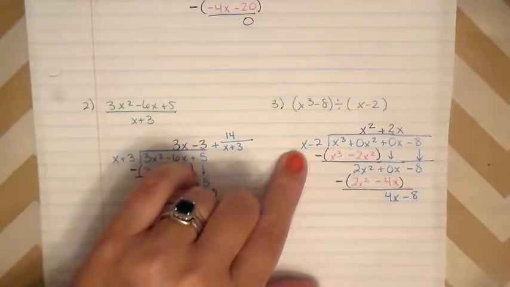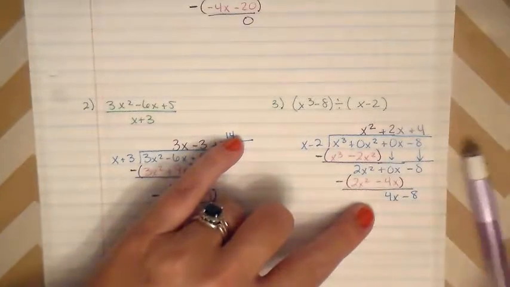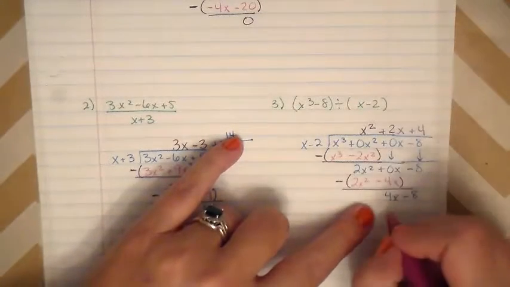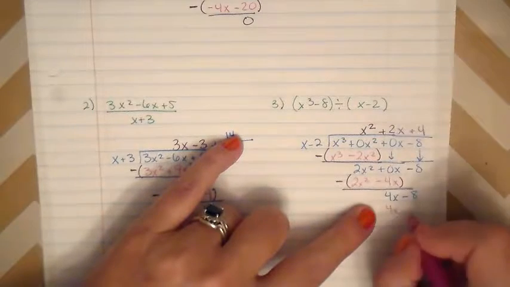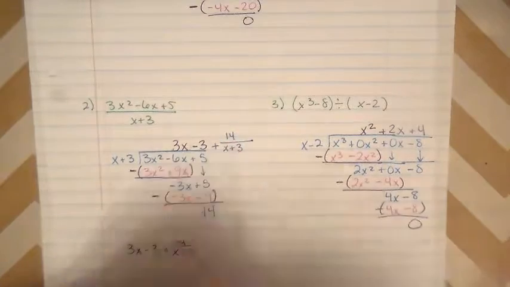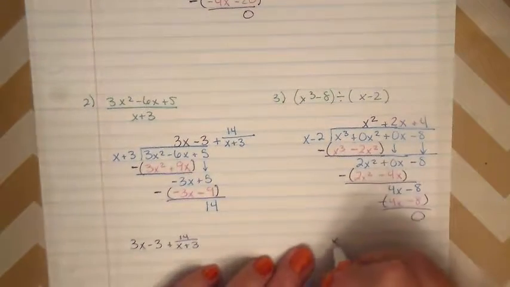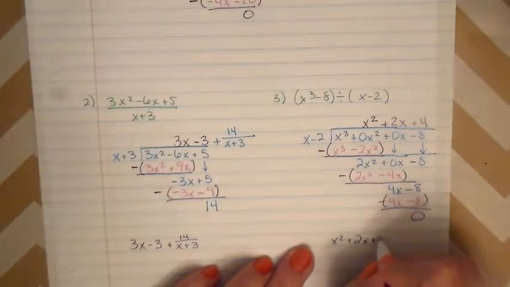And then to turn that x into a 4x, I multiply by 4. 4 times x gives me 4x. 4 times negative 2 gives me negative 8. And they match, so when I subtract that, I will have a remainder of 0. So my final answer will be x squared plus 2x plus 4.